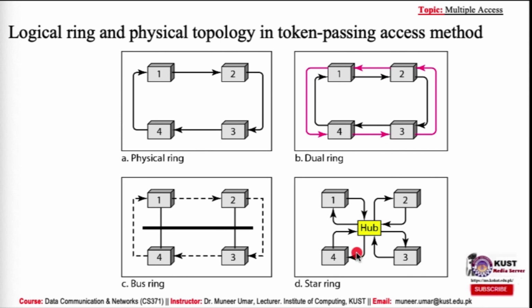This topology makes the network less prone to failure because if a link goes down, it will be bypassed by the hub and the rest of the stations can operate. Also, addition and deletion of nodes is easy in this star ring.